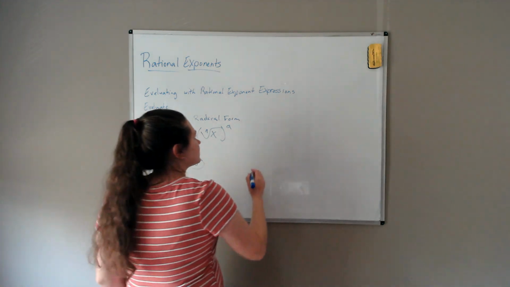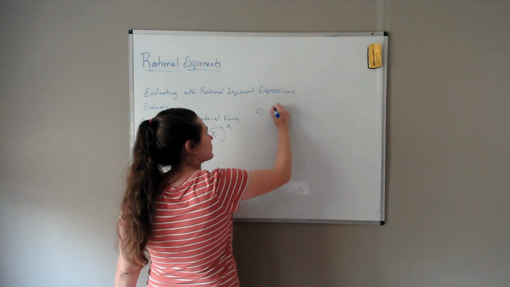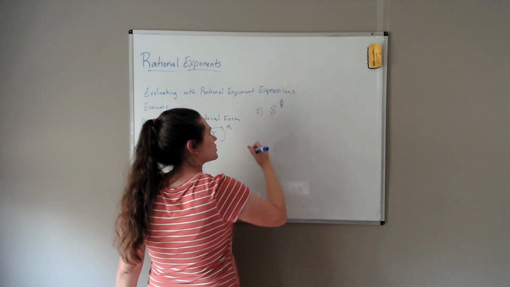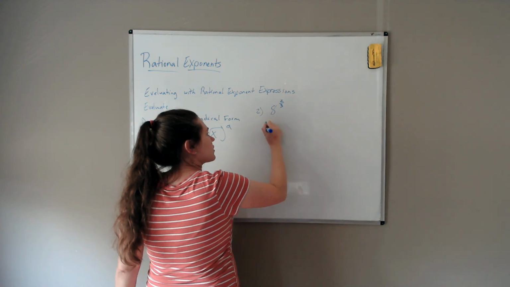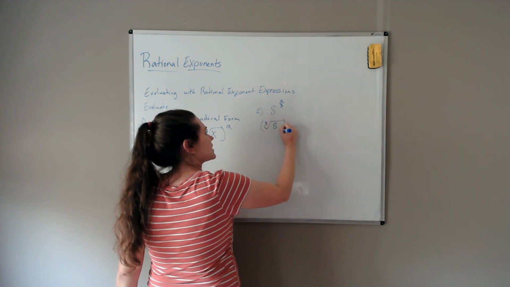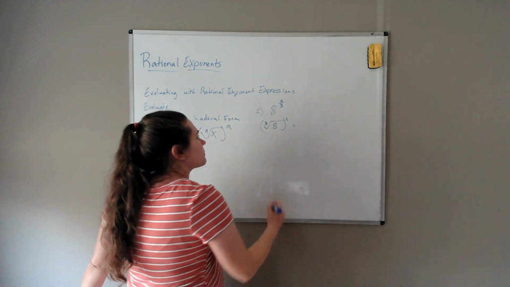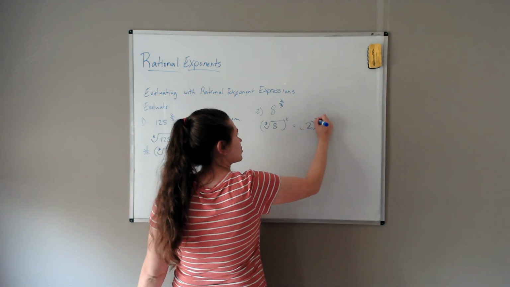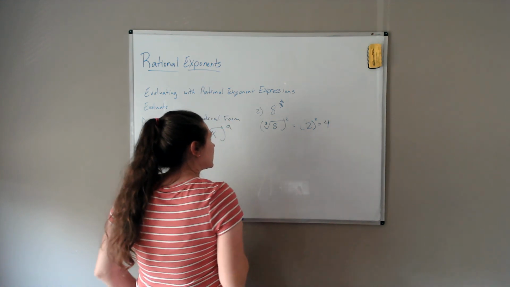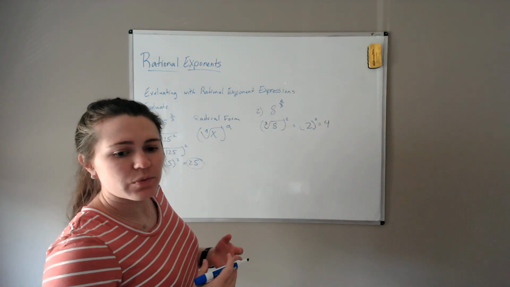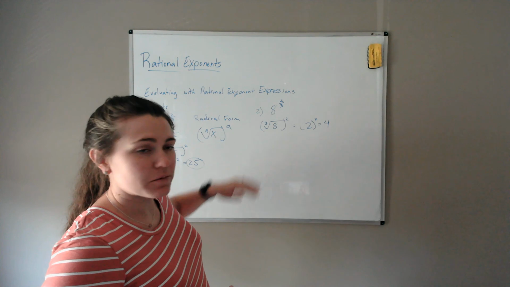Now, number 2, 8 to the 2/3. If I have to evaluate this, that's going to be the cube root of 8, and then raise that to the second. So the cube root of 8, that's 2. 2 squared is 4. Now I just want to go over a few problems that look very similar to this.